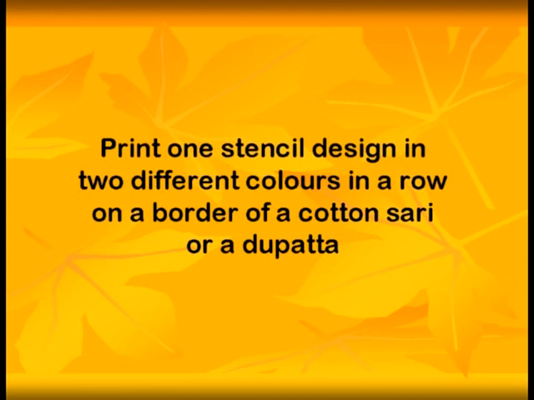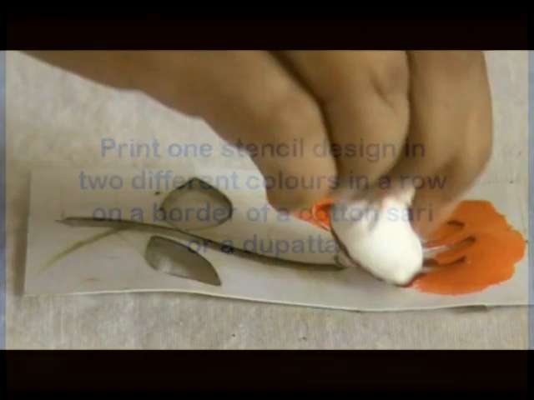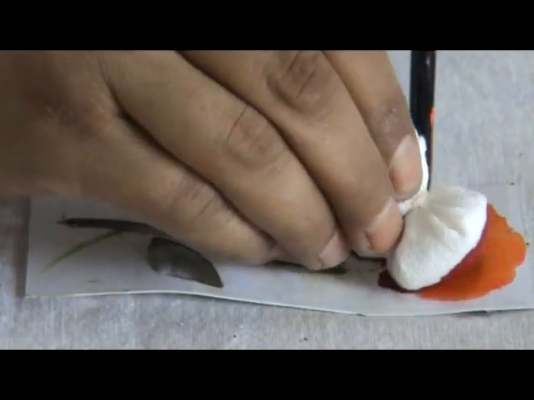Print one stencil design in two different colors in a row on a border for a cotton sari or a dupatta. Shading effects in stencil.